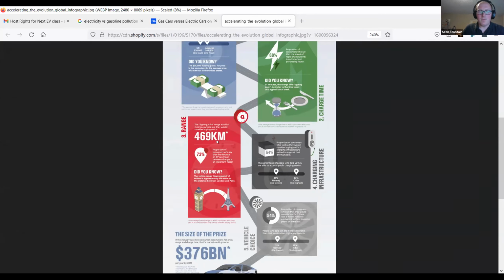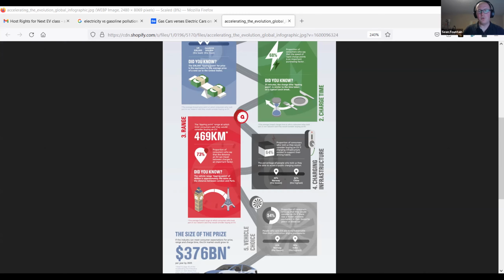So they talked about most people wanting a range here. I can calculate this for you, but this is more than 200 miles.